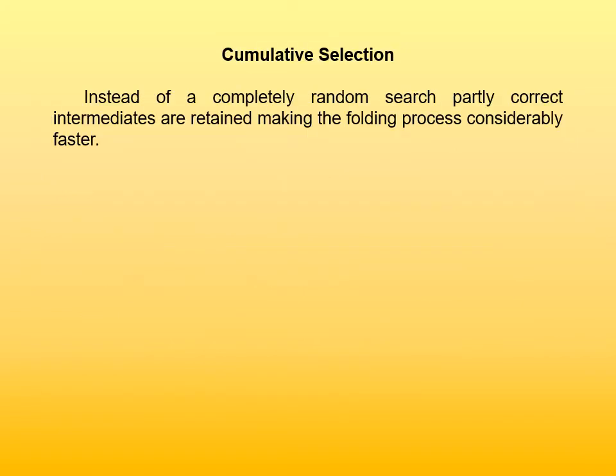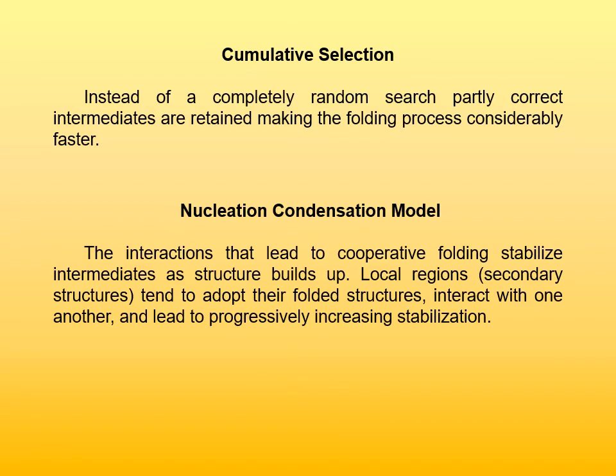We have different mechanisms to explain Levinthal's paradox. One of them is cumulative selection, which means that instead of a completely random search through all possible conformations, partially correct intermediates are retained. As soon as small segments of the protein find the correct conformation, those are retained. They don't search through any further conformations, and that makes the entire process considerably faster.